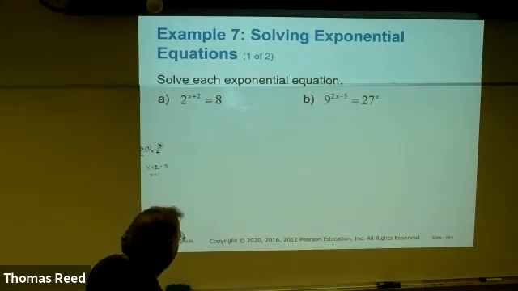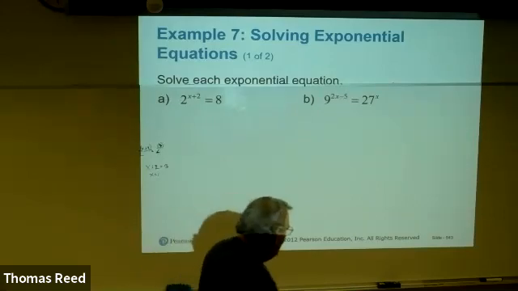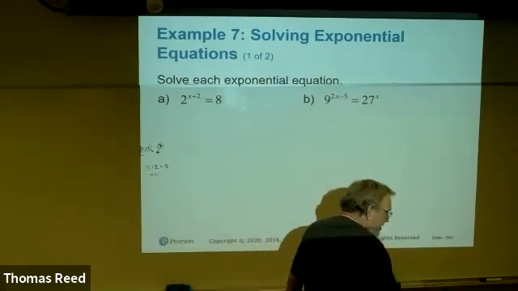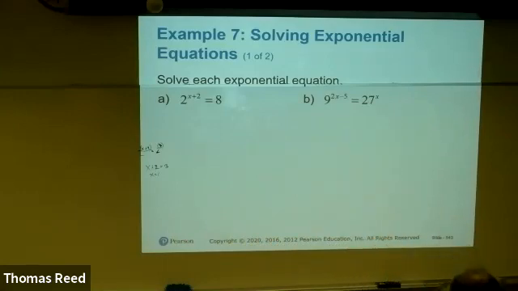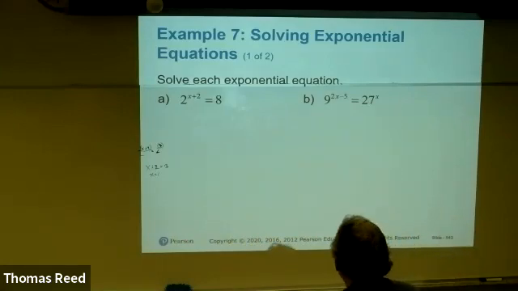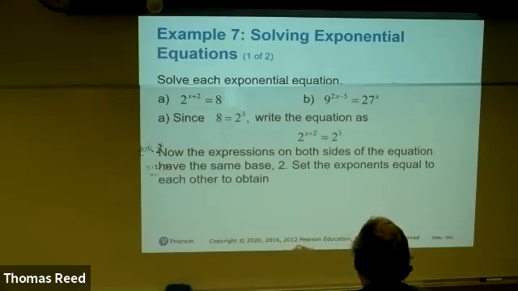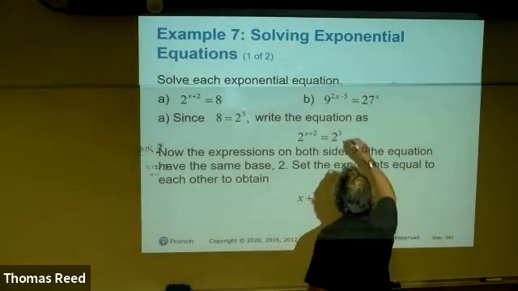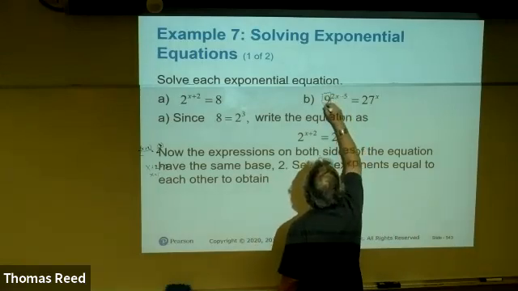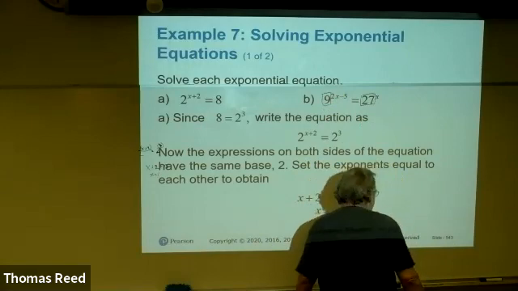Now, in letter B, it's not as easy. I do have to change to the same base. So now here I have 9 as a base, and here I have 27 as a base.